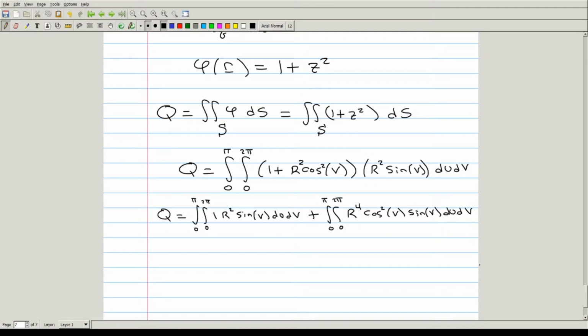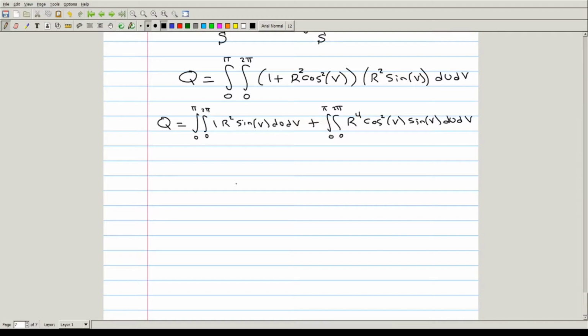And this first double integral we've already evaluated. This is just 4 pi times r squared, the surface area of the sphere.